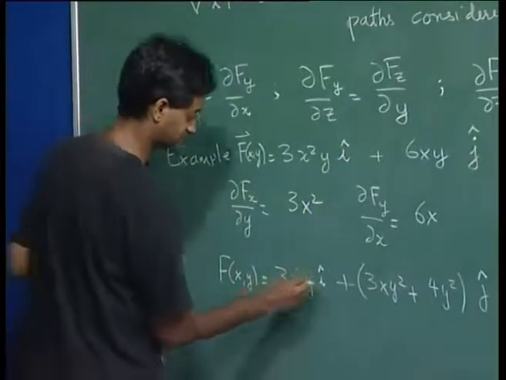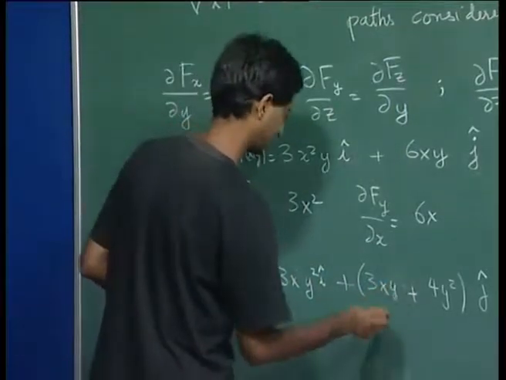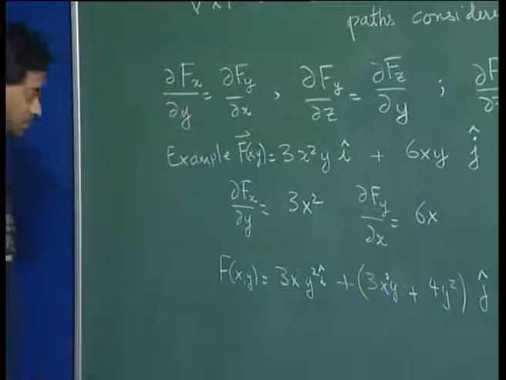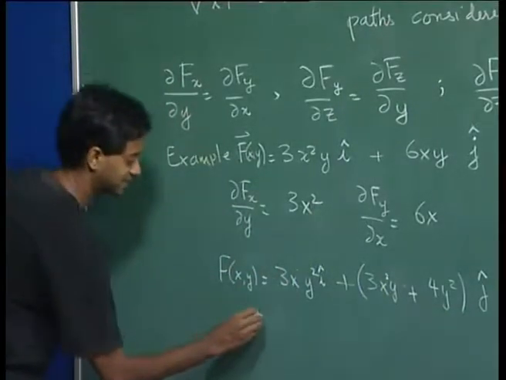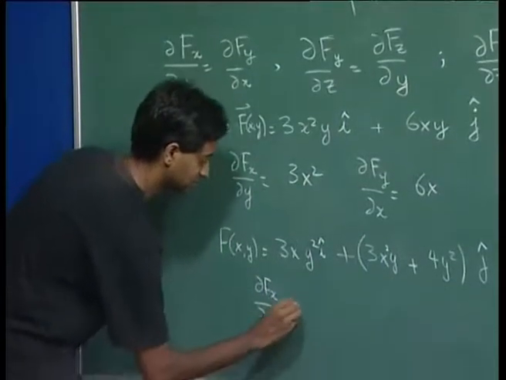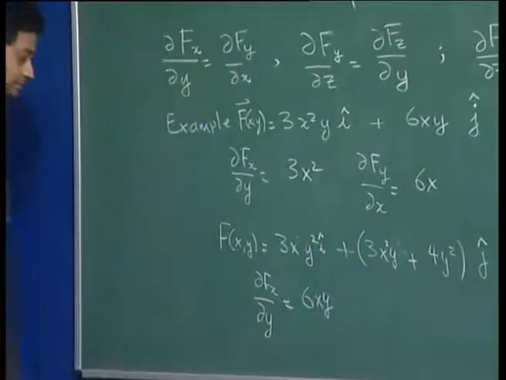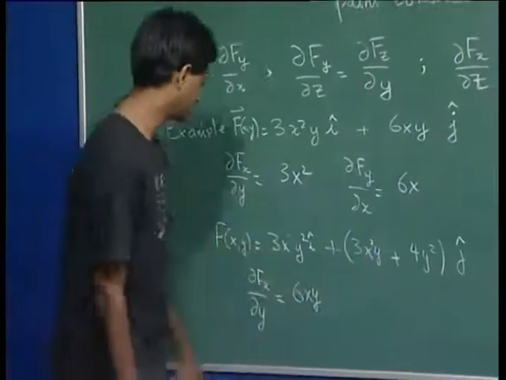Now, if I take 3x y square plus, and make it 3x square y, and I choose this function, then the derivative with respect to y is 6xy, and here the derivative with respect to x.